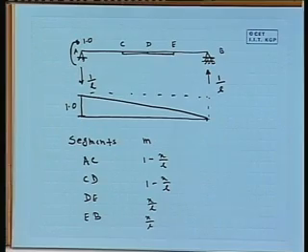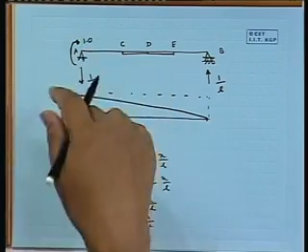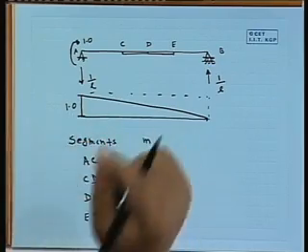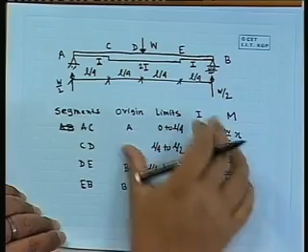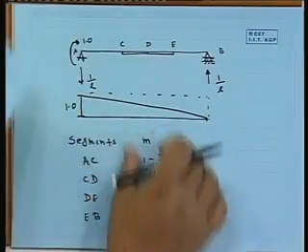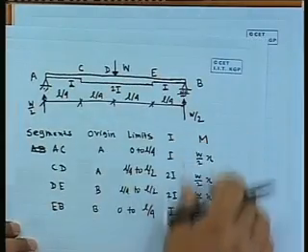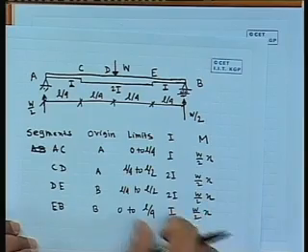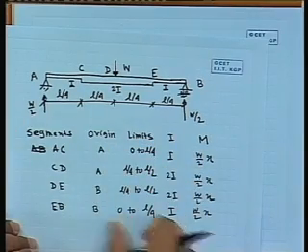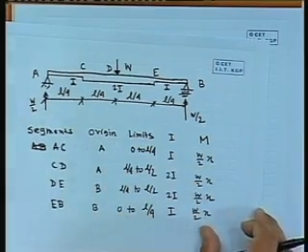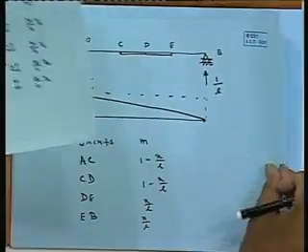This small m is due to the applied moment at A, meaning we are going to calculate the slope at A. So with these two tables, these expressions plus the I value, with that limit we can write our expression.